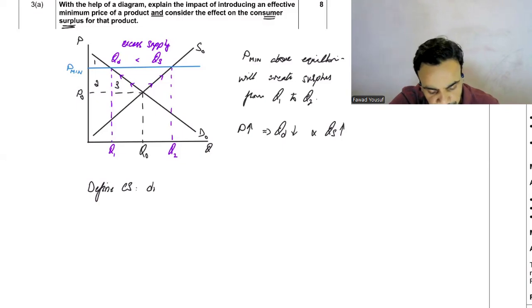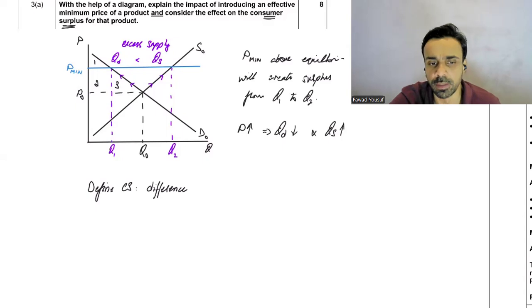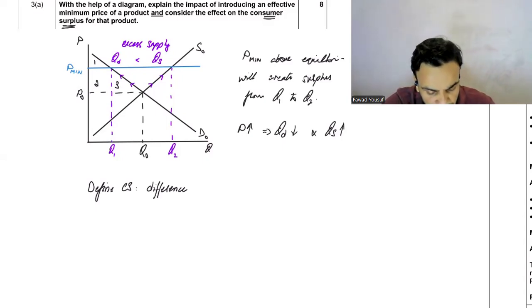So I would define consumer surplus, and consumer surplus की definition में all you have to say is that अपनी definitions please पक्की रखना. They're straightforward marks for definition. Don't try to complicate it in any particular way. जितना straightforward रख सकते हो रखो.